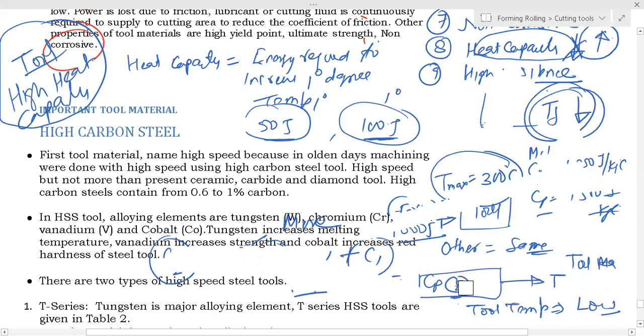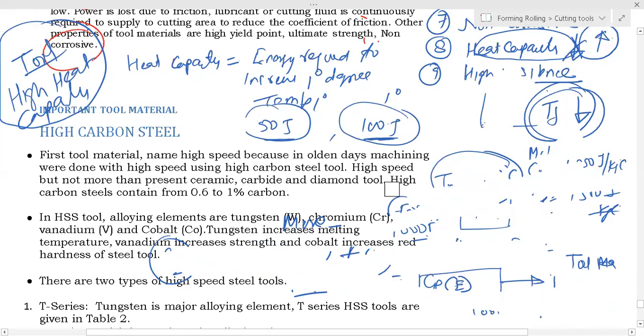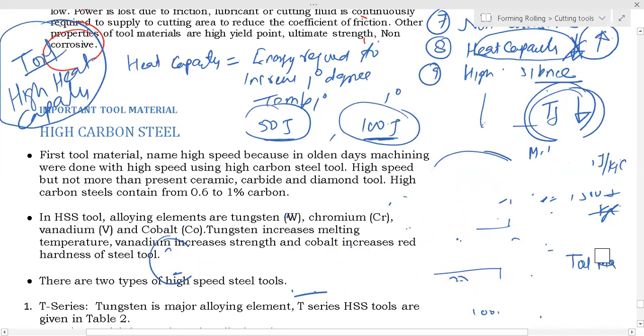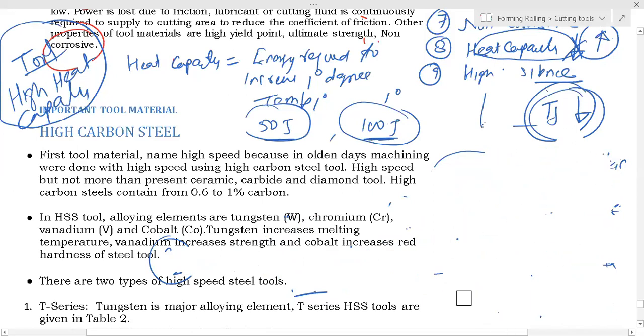If somebody asks you how did you know that heat capacity is low or high, you explain this by this numerical, by this qualitative approach. You can prove it.